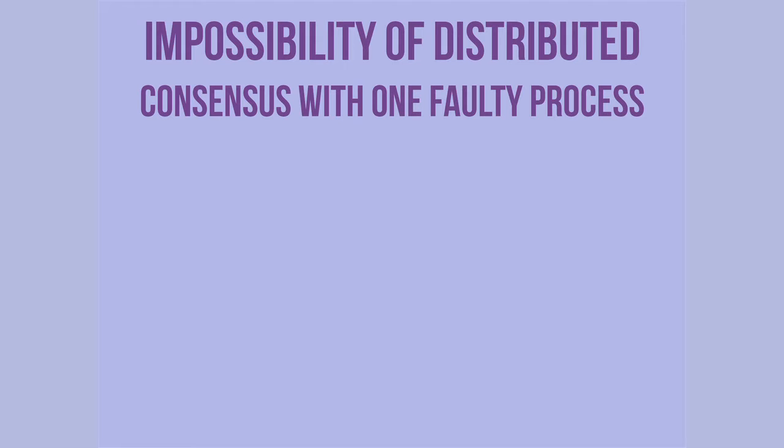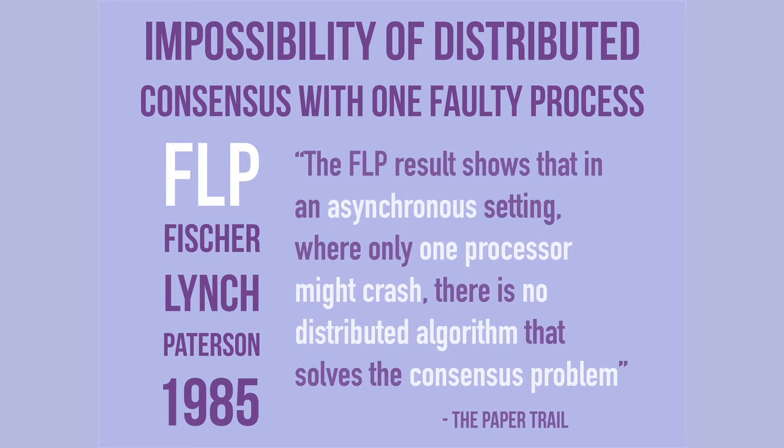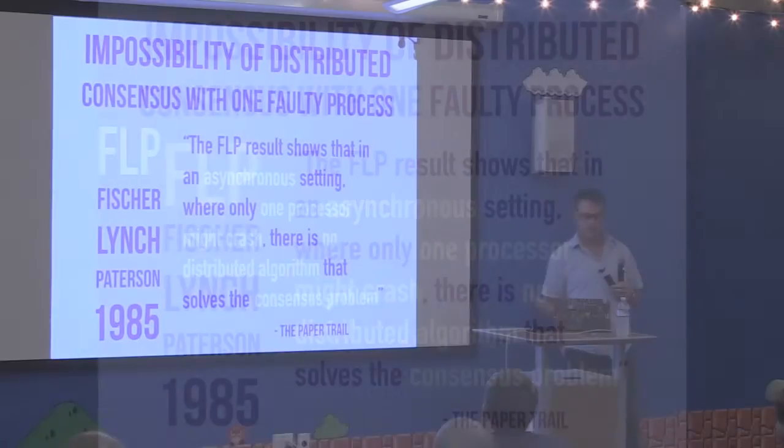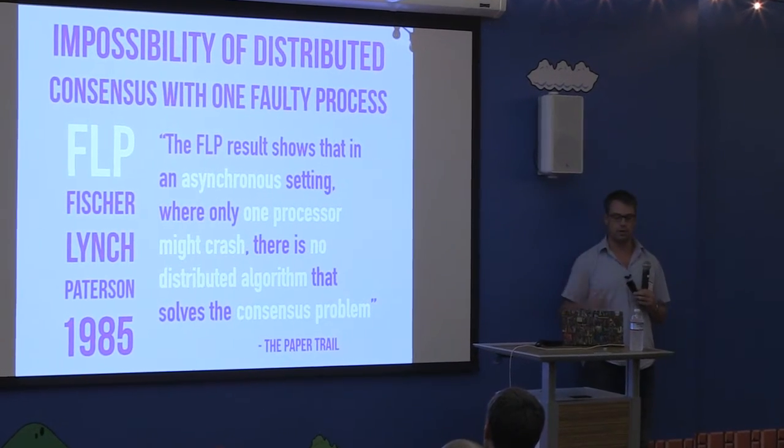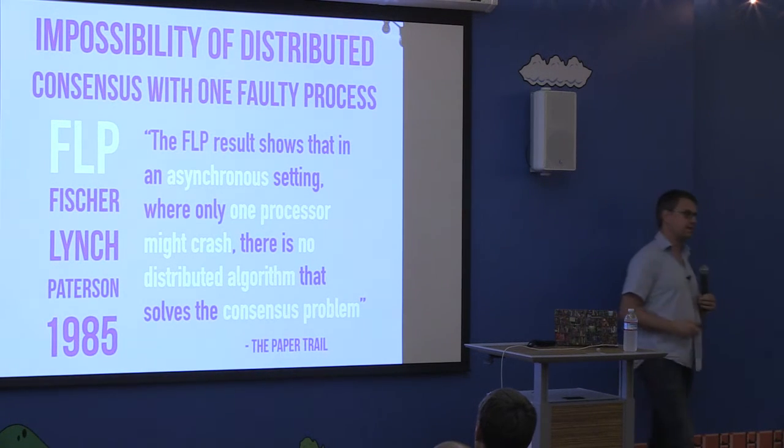One classic one is called impossibility of distributed consensus with one faulty process, and that is sometimes called the FLP paper, after the names of the three authors: Fischer, Lynch, that's Nancy Lynch, and Paterson. I don't remember the first names of these other guys. It was from 1985, and it can be summarized as: the FLP result shows that in an asynchronous setting where there's only one processor that might crash, there's no distributed algorithm that solves the consensus problem.